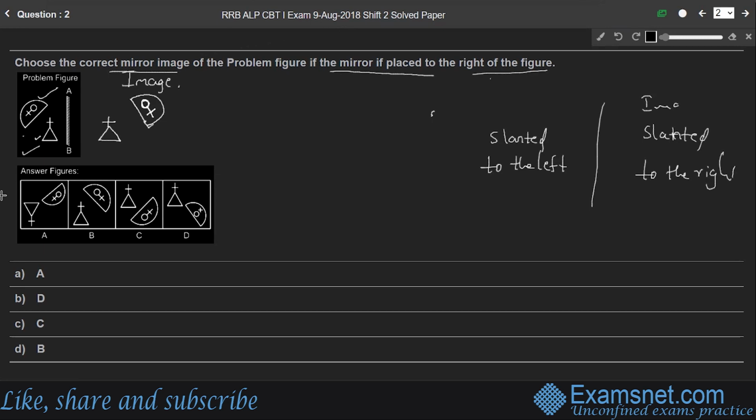So the mirror image of the given problem figure looks like this. Among the 4 options, look at the answer figures given below. Look at answer figure B, it looks exactly the same. Therefore, the image of the given problem figure is B.